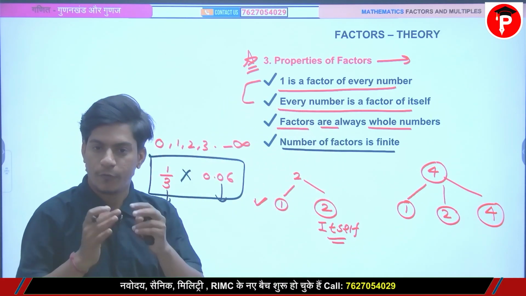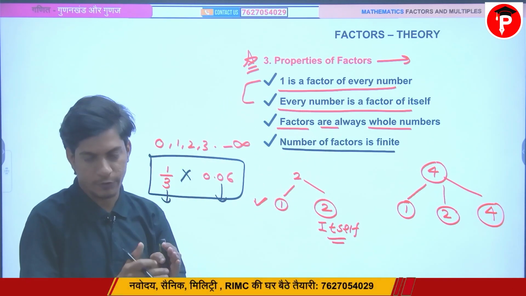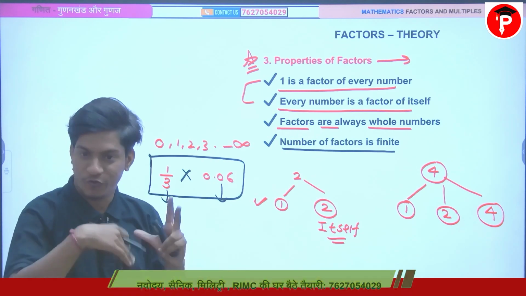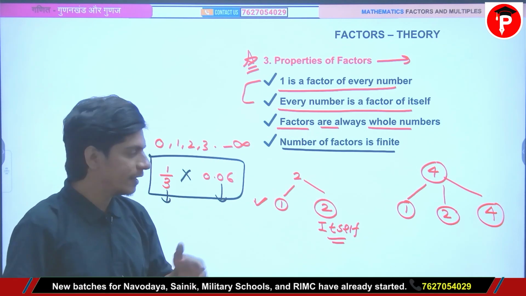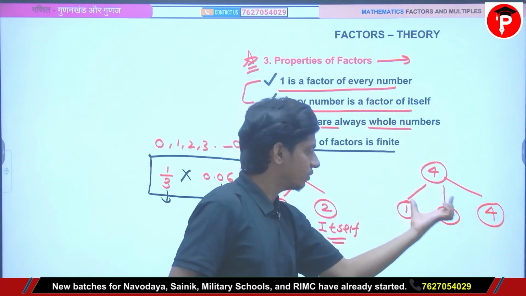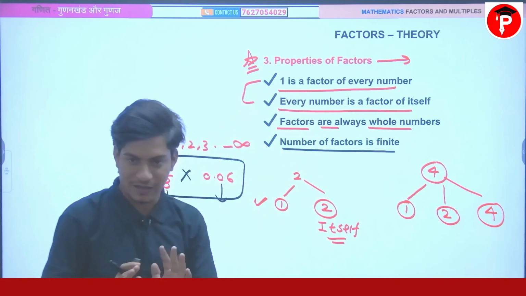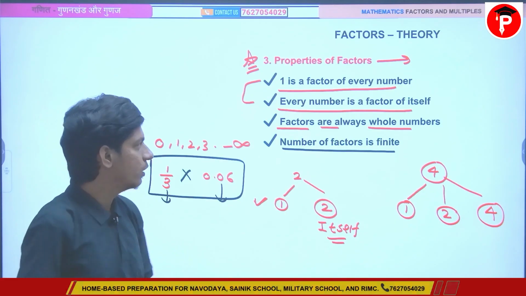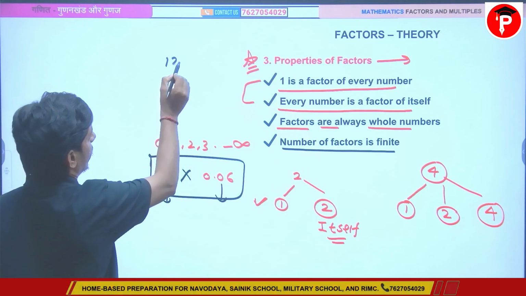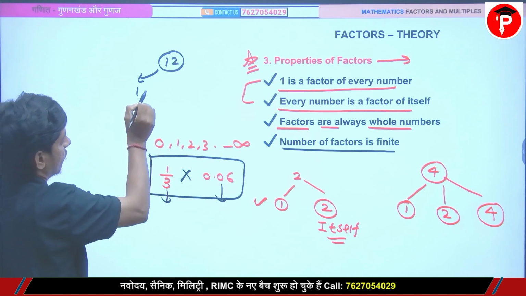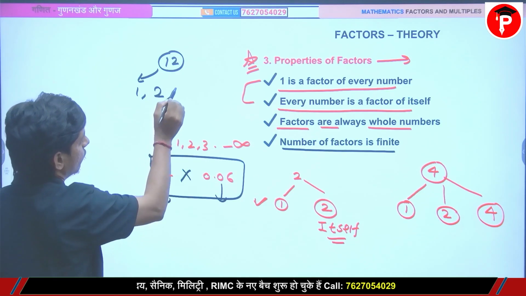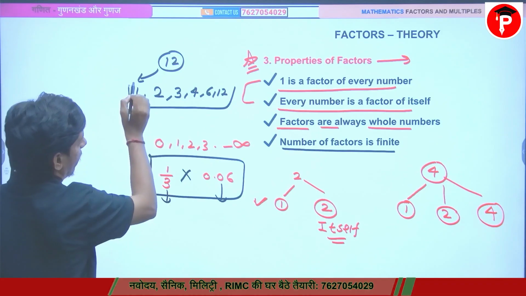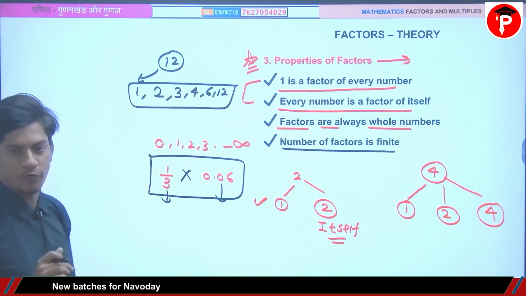It means factors are limited, while on the opposite side, multiples are infinite. But we are focusing on factors. So the number of factors is finite, meaning fixed. A particular number has particular factors. If you look at 12, it has a fixed number of factors: 1, 2, 3, 4, 6, and 12. These are fixed or finite.